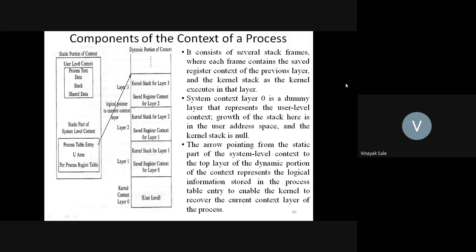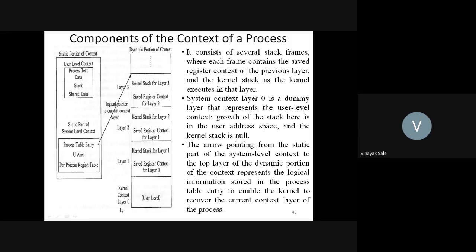See here, for layer 3 the stack shows the saved register context for layer 2. See in layer 2, there is a saved register context for layer 1. That is, the frame contains the saved register context of the previous layer and the kernel stack as the kernel executes in that layer.